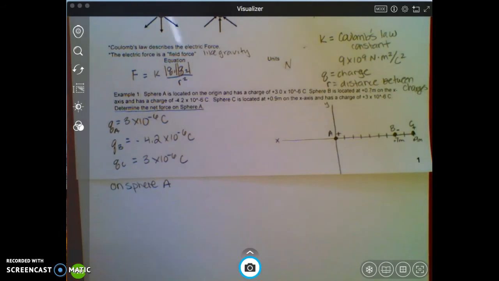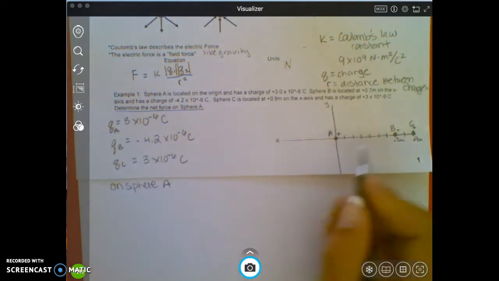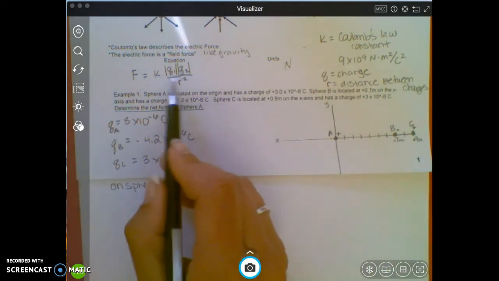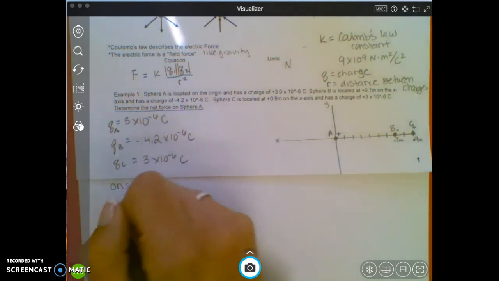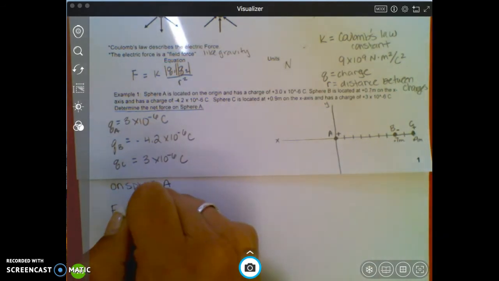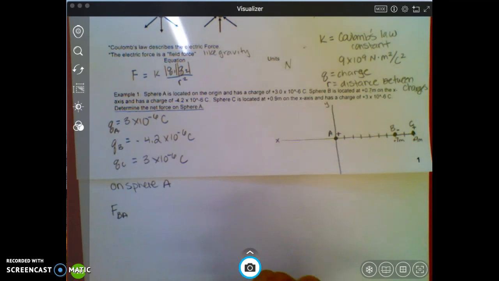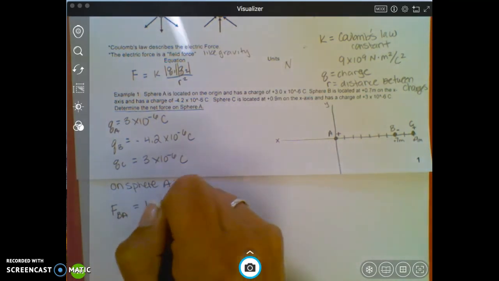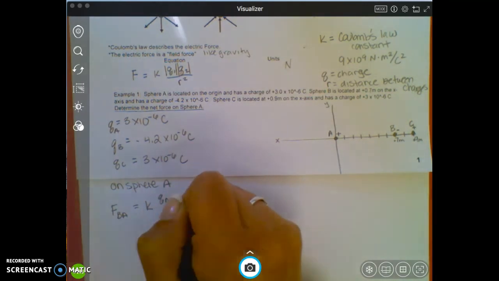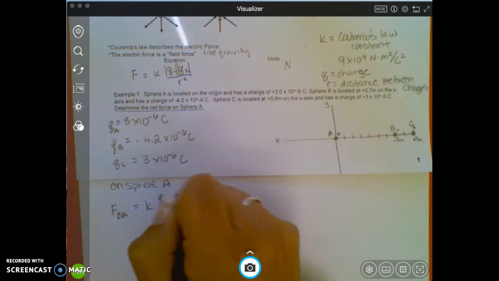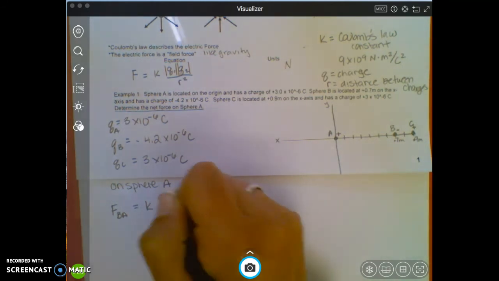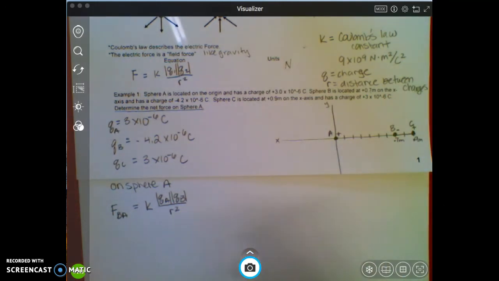Now, we're going to have to do two different equations because we can't put three charges in this one equation. First I'm going to do the force of sphere B on A, and we're going to note it like that. The equation would be K Q_A Q_B, doesn't matter the order, over r squared, where this is the absolute value of these charges.